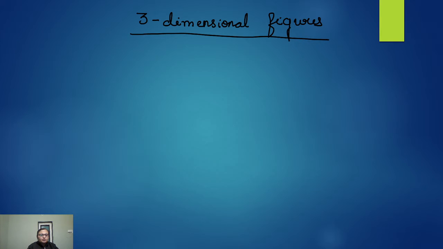First we study the cube. In a cube all sides are equal. So each side is A. We will consider each side as A. Now for three-dimensional figures we have total surface area, TSA.